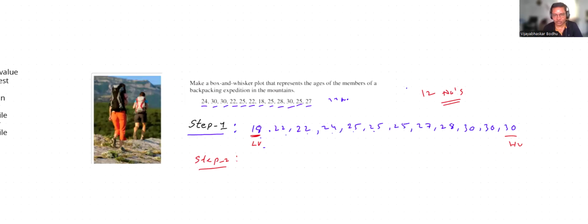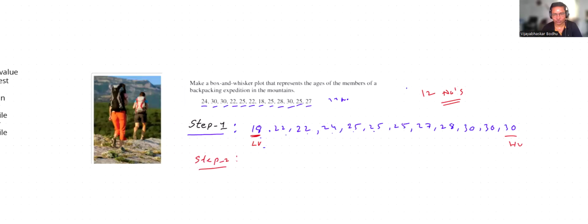To find the median, generally we find the middlemost values. If the total number is even, there will be two middlemost values. If the number of data is odd, you will get only one middlemost value.